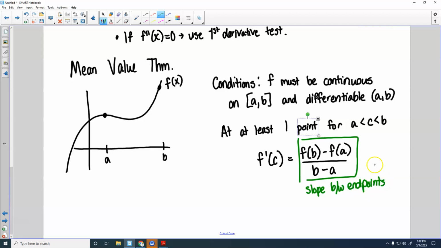So if I draw it over here, it's the slope of that line between those endpoints.